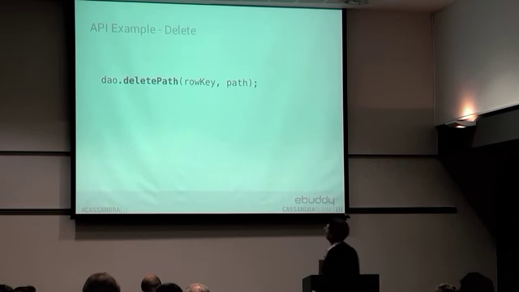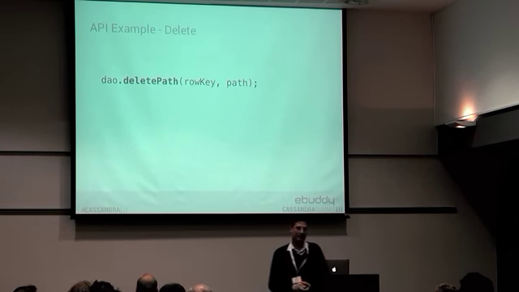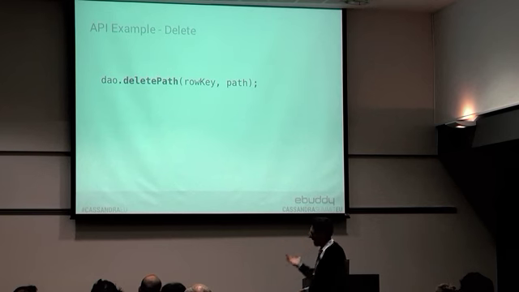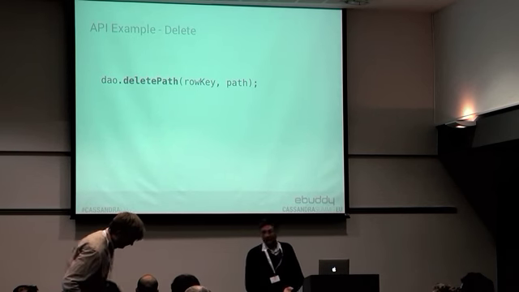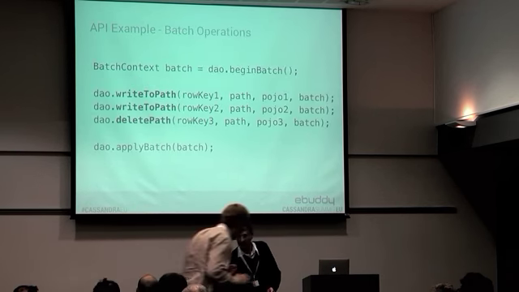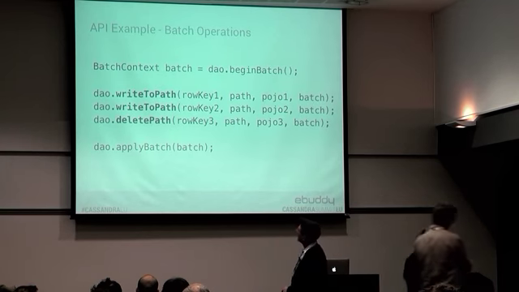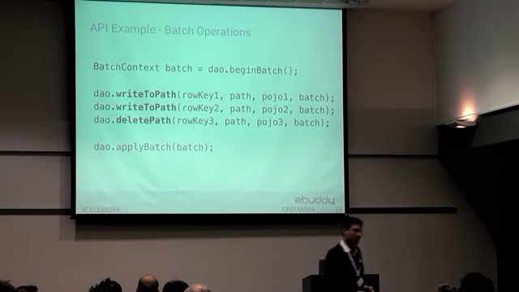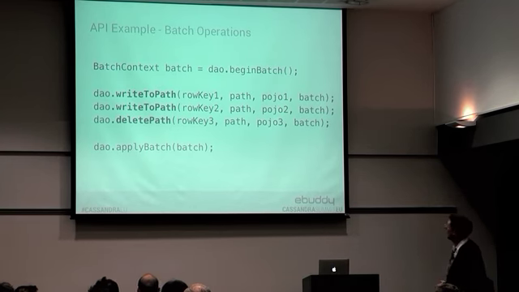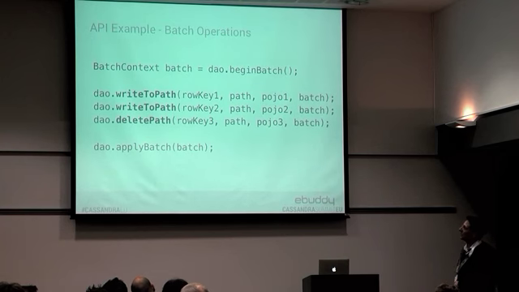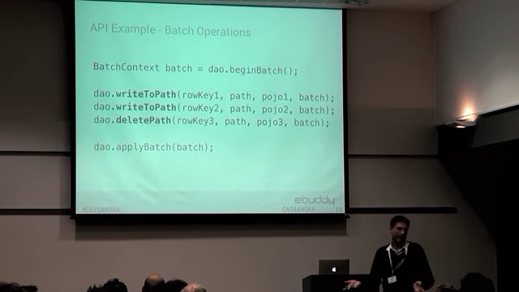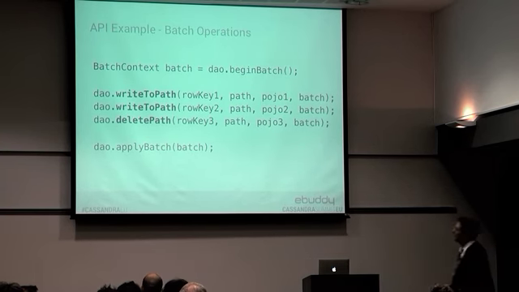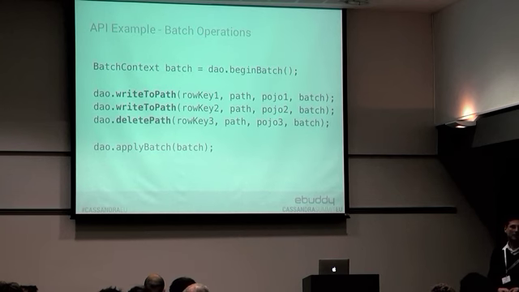To delete, you just say delete path, give it a row key and a path. So very simple API. It also supports batch operations. The library comes with an interface called batch context, which is an abstraction so that the library can be used for multiple implementations.